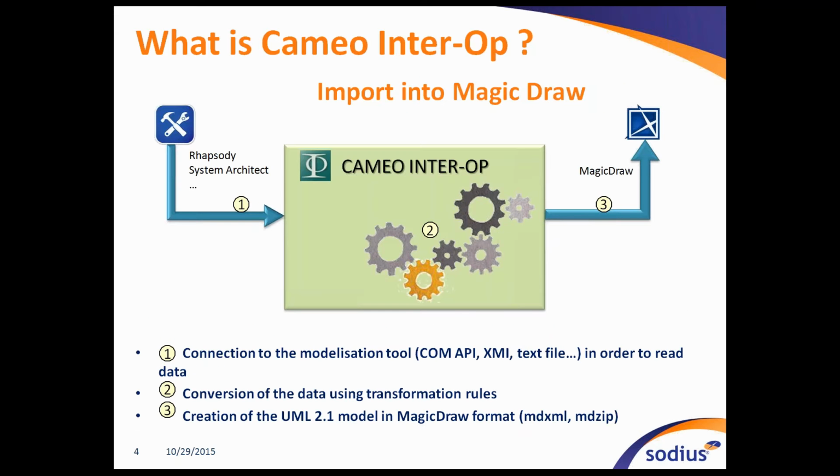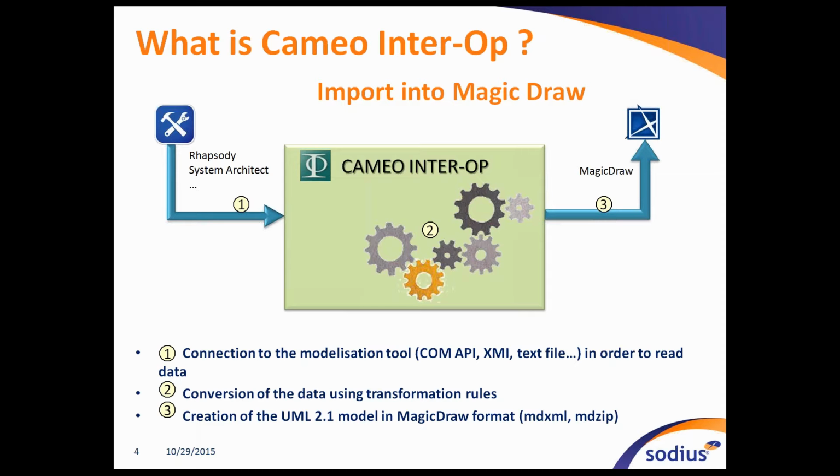So what is exactly Cameo Inter-Op? You can do import into MagicDraw, and you can export from MagicDraw. Concerning import into MagicDraw, we can see Cameo Inter-Op like an engine, and it connects to the modelization tool using the COM API, using some XML file, or using some text file from the source tool.